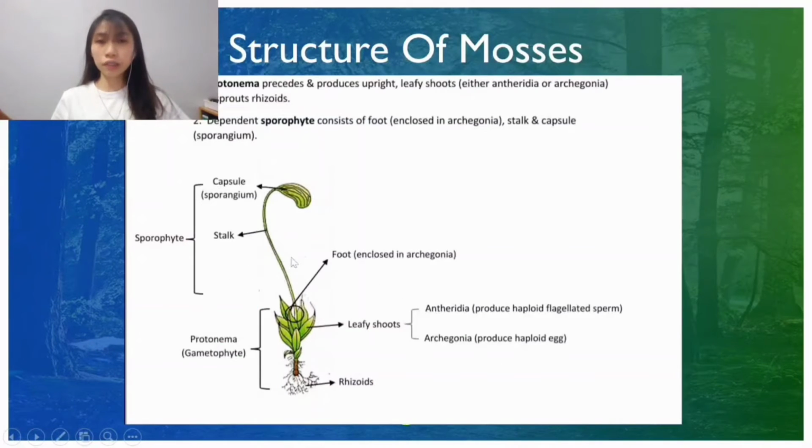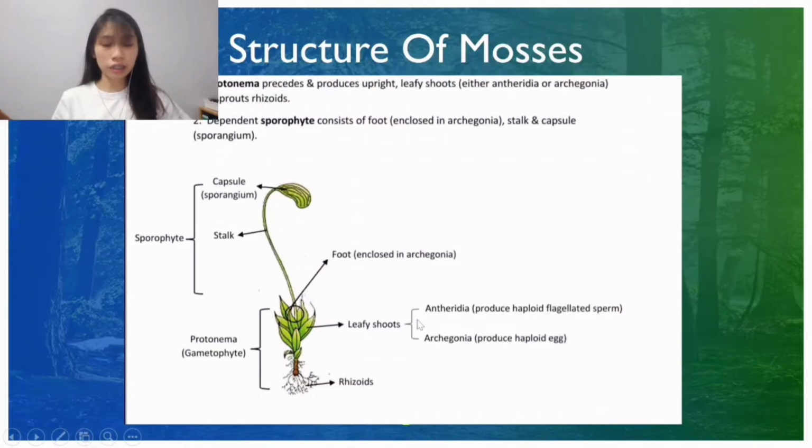So these are the 2 main structures of mosses, which are sporophyte and gametophyte. Gametophyte is also known as protonema. The gametophyte will produce leafy shoots, which will bear antheridia or archegonia, and it will also sprout the rhizoids.